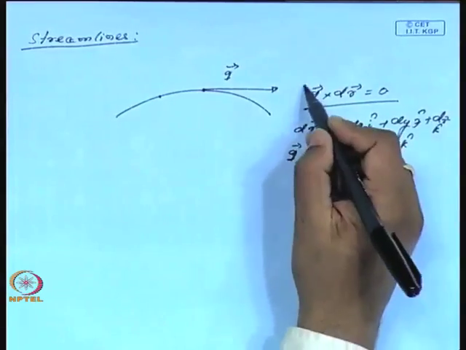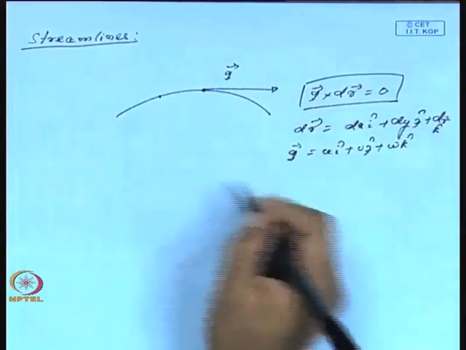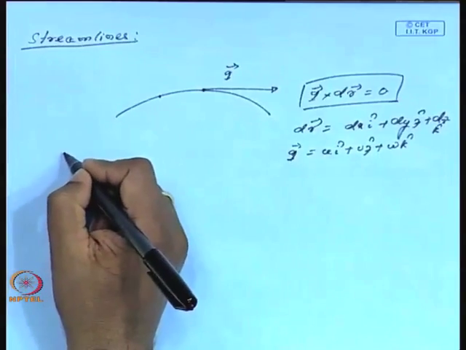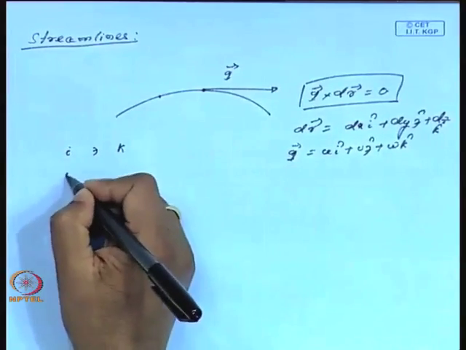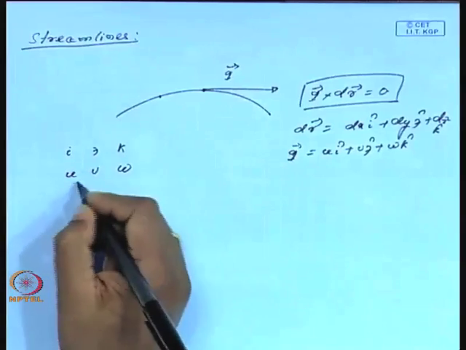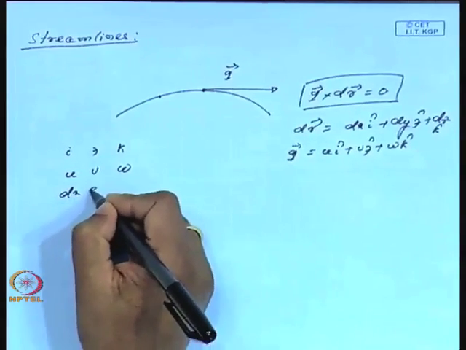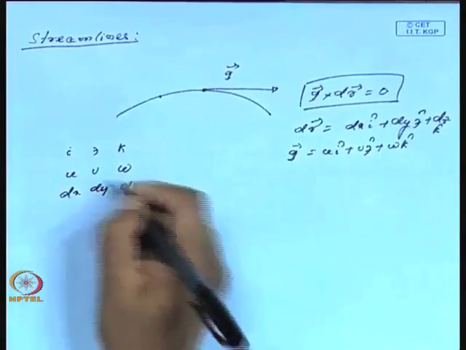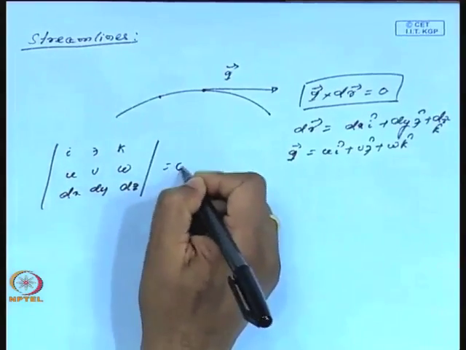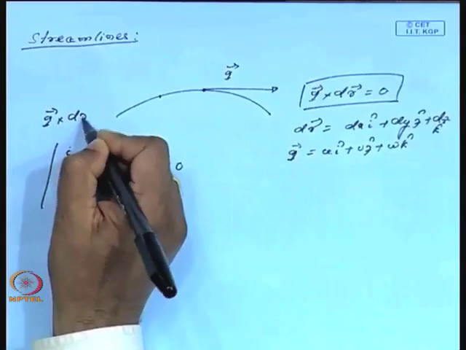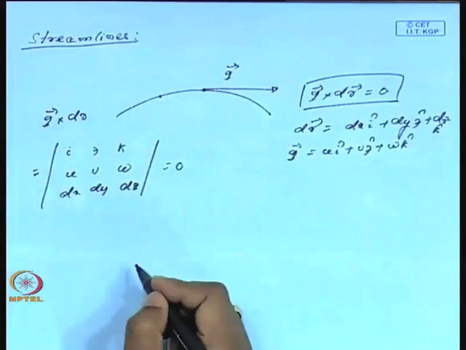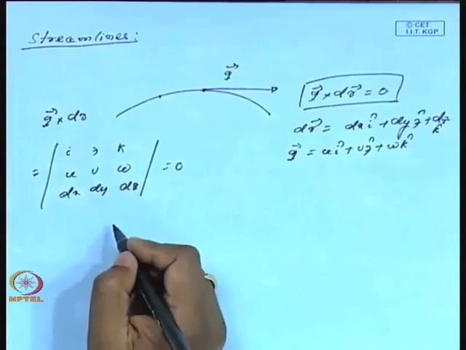From q bar cross dr bar equal to 0, this will give us the determinant with rows i j k, u v w, and dx dy dz, and this is 0.